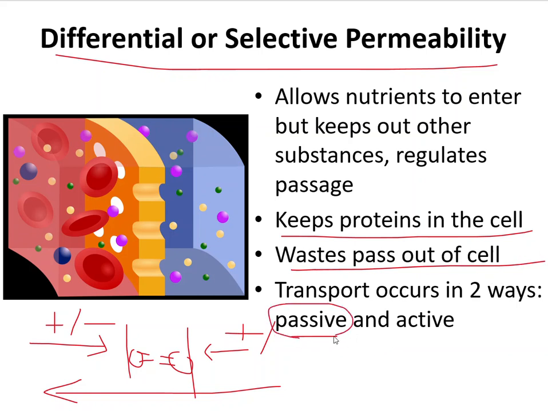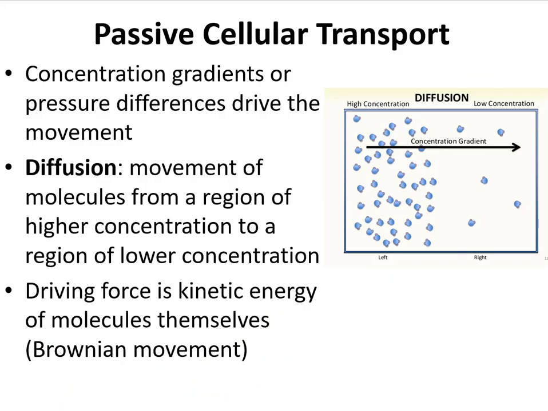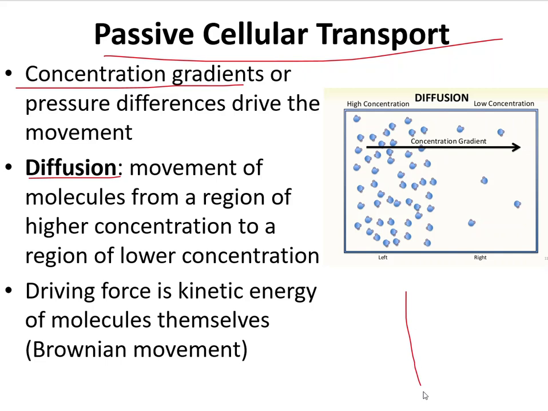Now, as far as the transport, passive and active, I think we already hit on this in the other PowerPoint. Passive is just concentration gradients or pressure differences that are going to move these guys. Diffusion: if I've got a barrier here, say these guys can move through here.